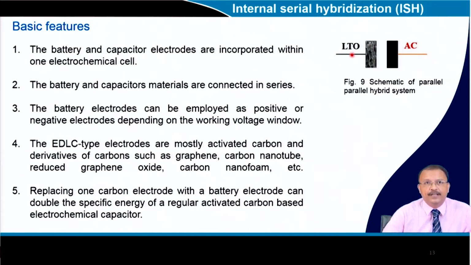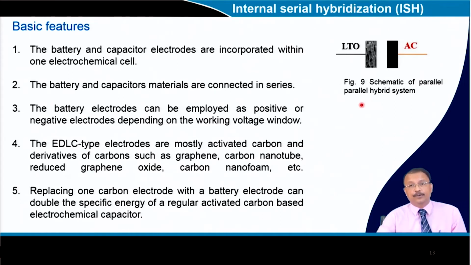So, this battery material can be employed as either positive or negative. So, it will depend on what the voltage range is. So, for LTO the voltage range is relatively lower, and AC can go to a high voltage range as well. So, if you take this combination, then AC is your positive electrode and LTO is your negative electrode.